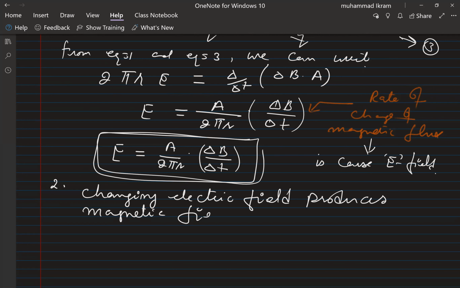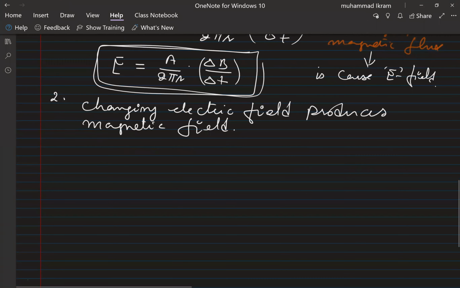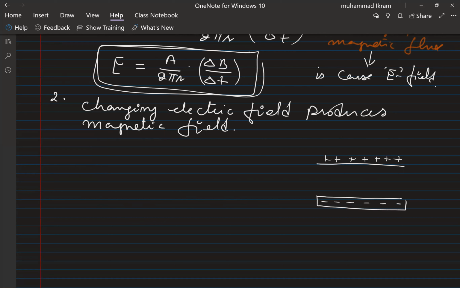For this purpose, let us consider that we have this kind of arrangement. As you see here, we have the electric field. This is the potential difference, plus minus, this is our electric field.